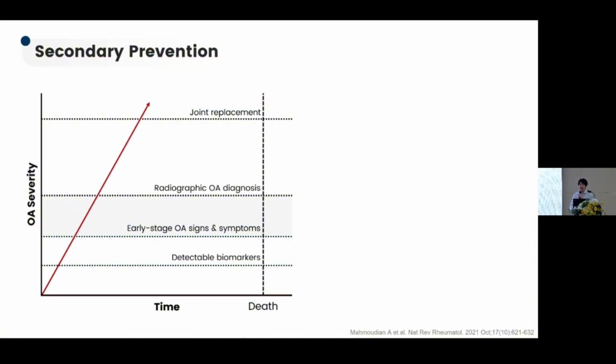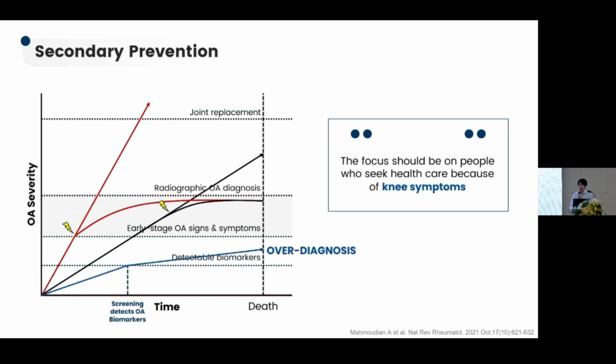It emphasizes that early OA detection improves chances of slowing progression and preventing damage, reinforcing the need for effective secondary prevention. But if validated biomarkers were used for everyone at risk without any symptoms, it would lead to over-diagnosis and over-treatment.